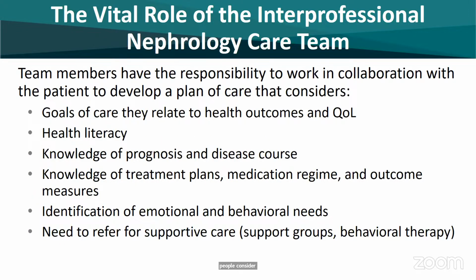So when you take a look at how the interdisciplinary team manages pruritus in these patients, we need to understand that we need to collaborate with each other. If you remember earlier slides that looked at how patients reported itching, patients report itching mostly to nursing staff, the people in the in-center dialysis units.